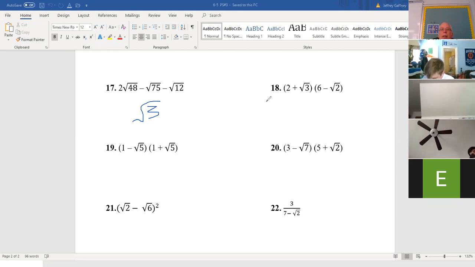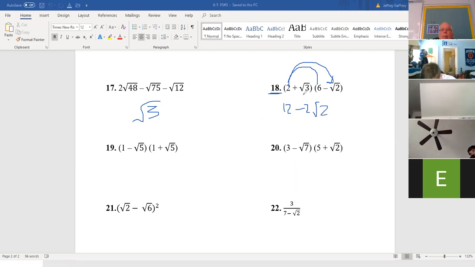All right, so number 18, what are you being asked to do here? You're asked to FOIL, all right? So we got 2 times 6 is 12, right? We got 2 times negative square root of 2. So now we got minus 2 square root of 2, right?